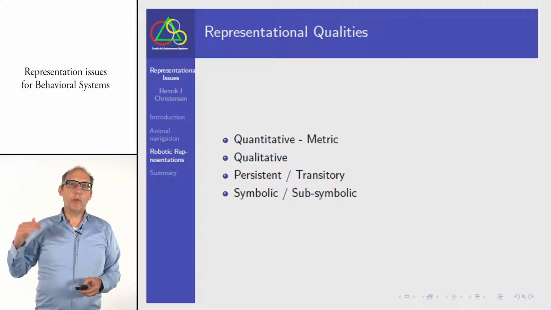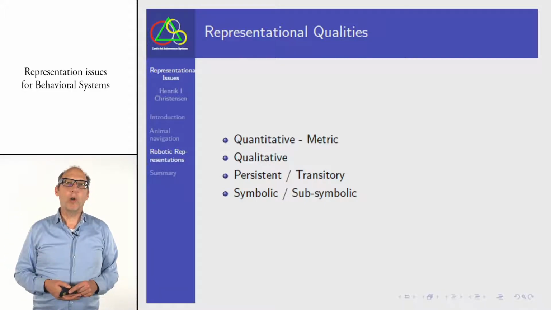Okay, so that's the type of information that you want to know about. Then the question is, how do you store it? On the most detailed level, it's quantitative, where you have all measurements collected.